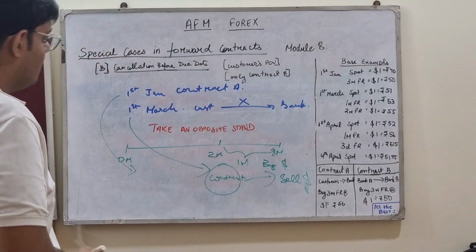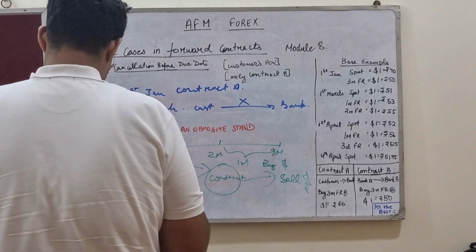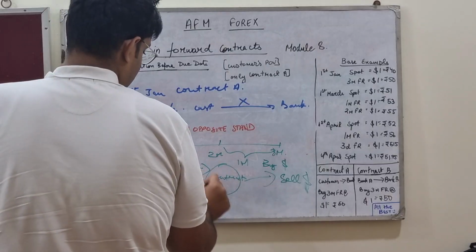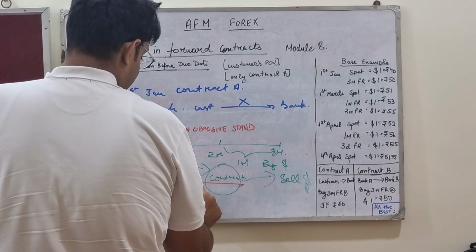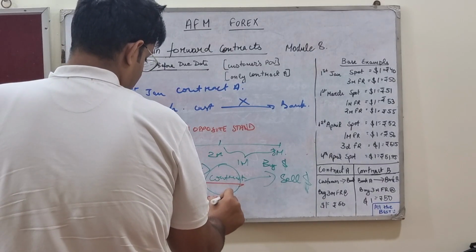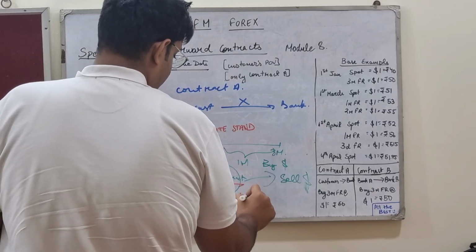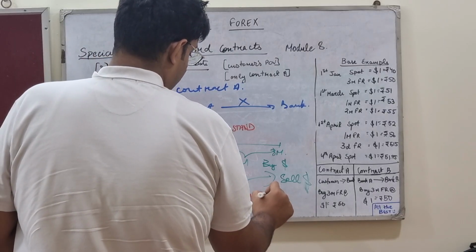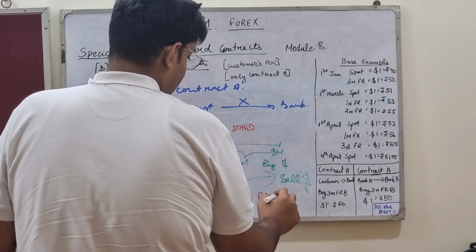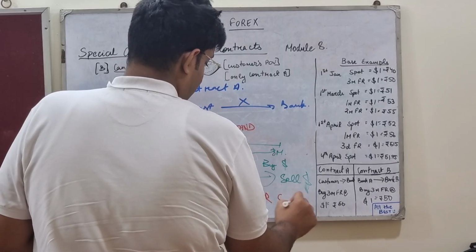All I need to do is, on 1st March, enter into a 1 month forward contract to sell dollars.